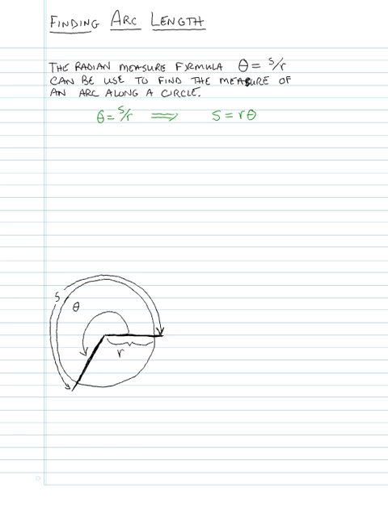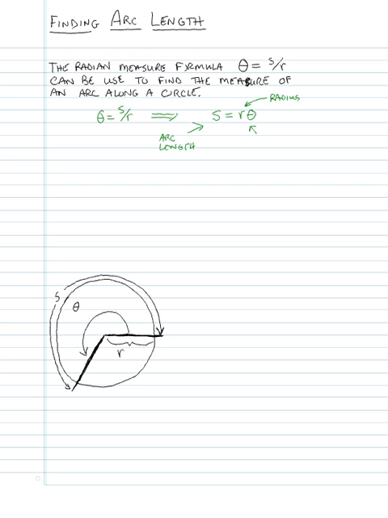So the things to remember are that S is the arc length, and this R is the radius of the circle we're talking about.